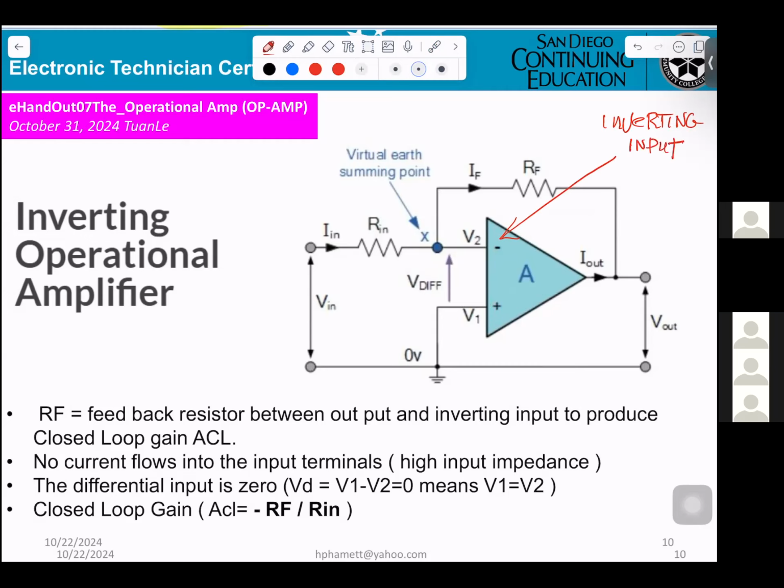And the other one, positive here, is the non-inverting input.